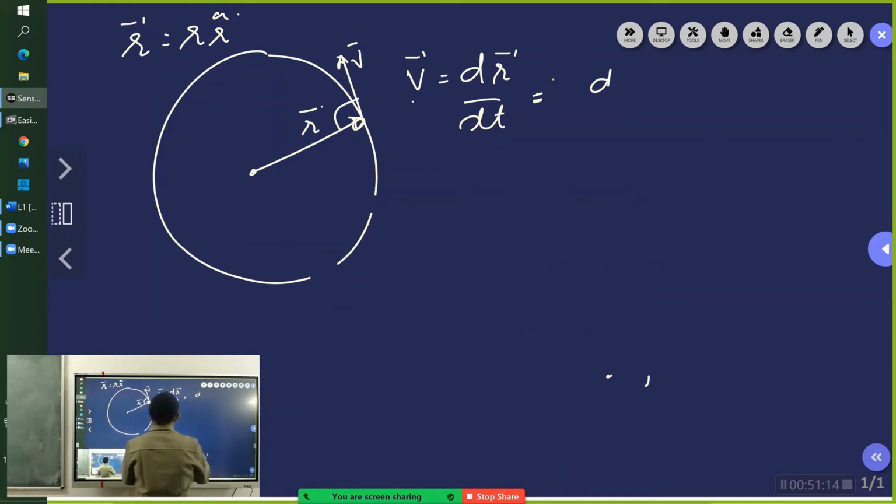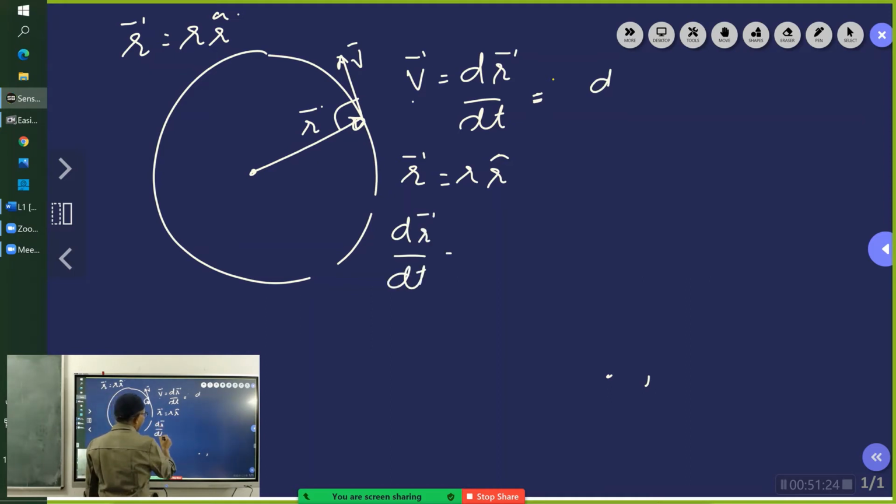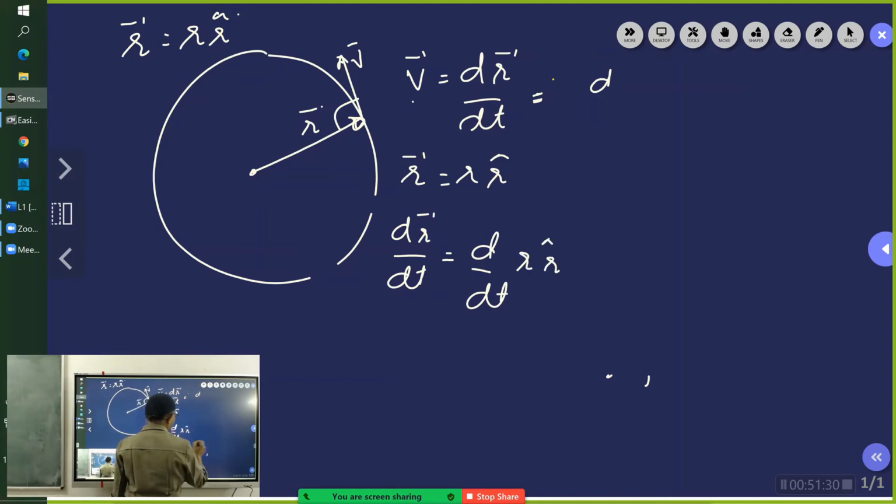Now let me show you one more way of doing it. I think I have already shown this to you. What I would do here is I will say R bar is equal to R R cap. Agreed? So now dr bar by dt will be d by dt of R R cap. Now in this, R is constant.